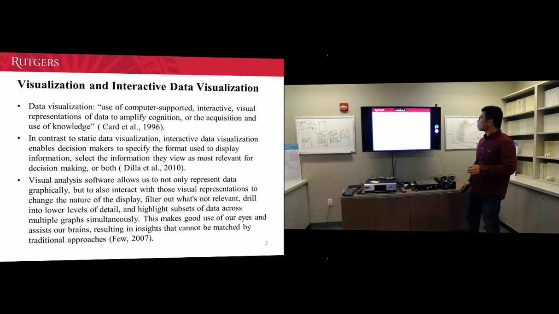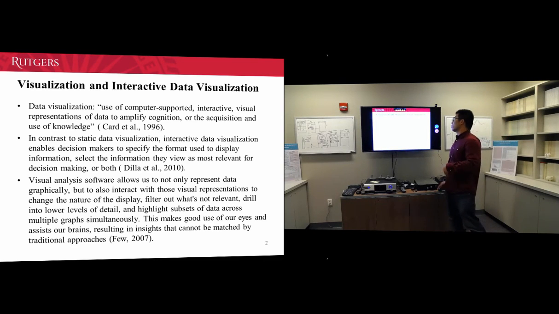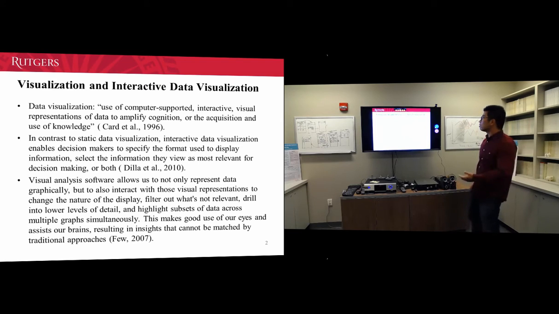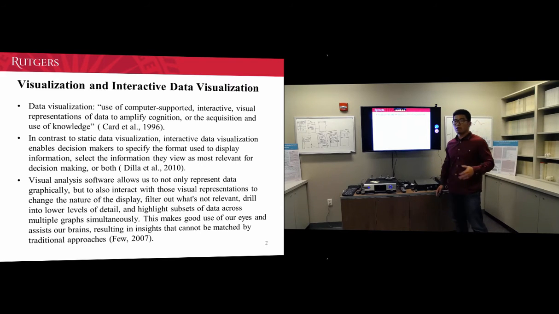So first I want to give you a brief definition of visualization and interactive data visualizations. Visualization, according to Card in 1996, means the use of computer-supported interactive visual representations of data to amplify cognition or the acquisition and the use of knowledge.